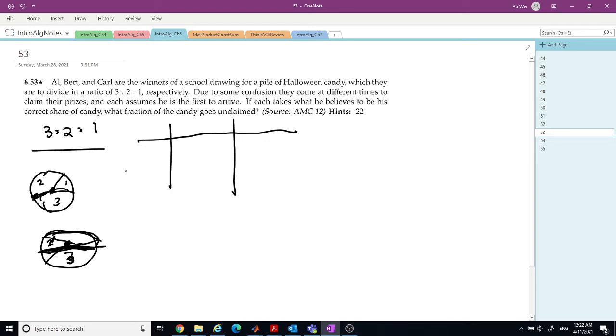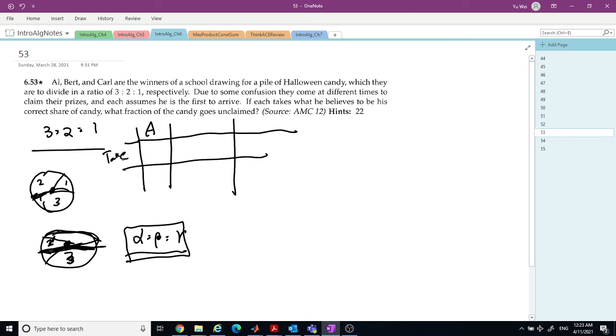Here I want to use alpha, beta, gamma to show you what's going on. This is the general ratio. When A comes here, he takes alpha of the whole, and you have 1 minus alpha left.